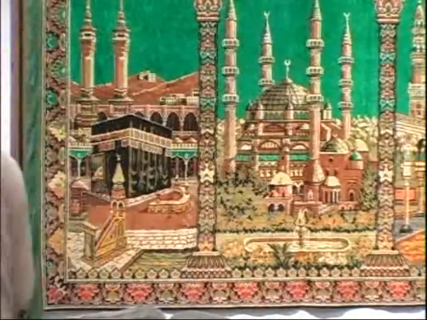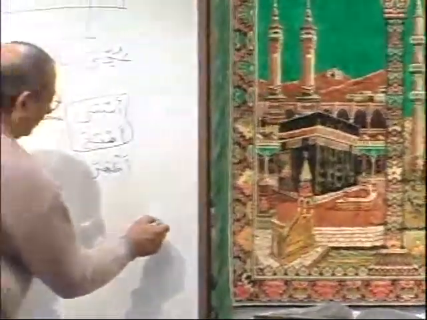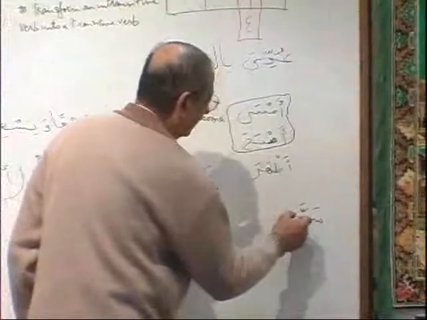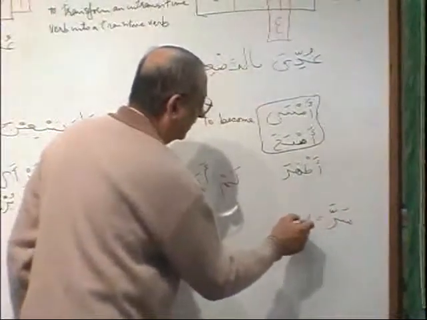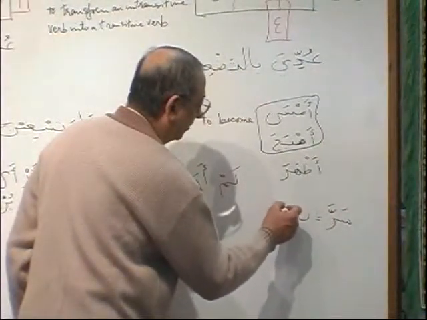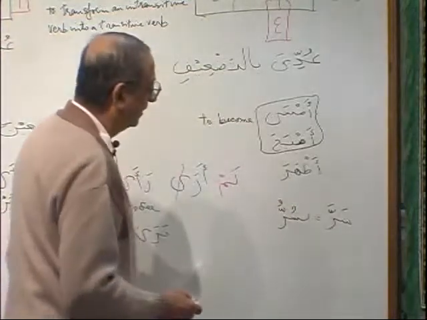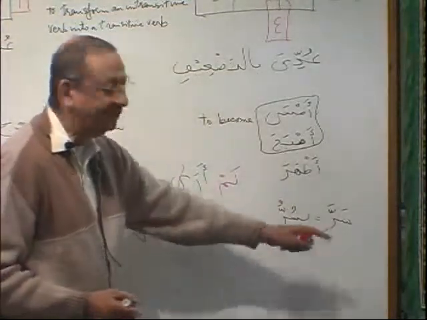So yusarru. What is yusarru? This is majhul. What is the verb? Sarra is the lil ma'lum, brother. Look at it. Sarra, yasurru. Are you with me? And how will I change this now?